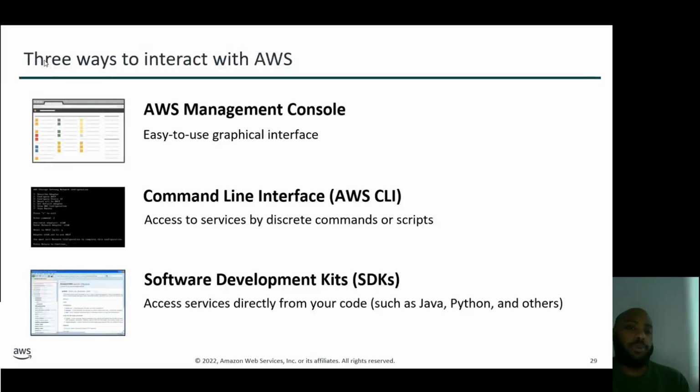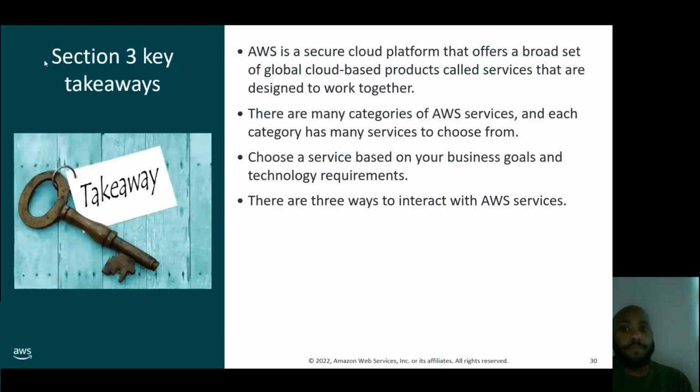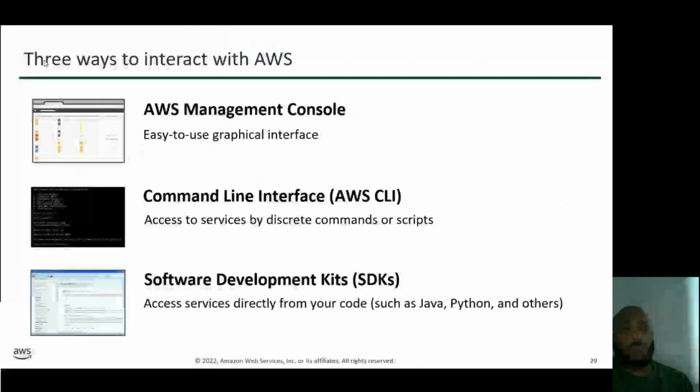All of those SDKs are available, and you could get them depending on what you're using. If you're using Python, you could use pip. If you're using Node.js, you could use the npm package manager, and that's how you get your SDKs. We're gonna see how those things work once we move forward in the class. So those are the three ways to connect.